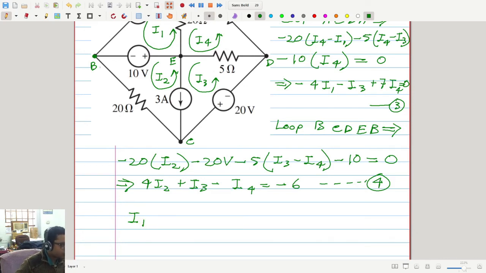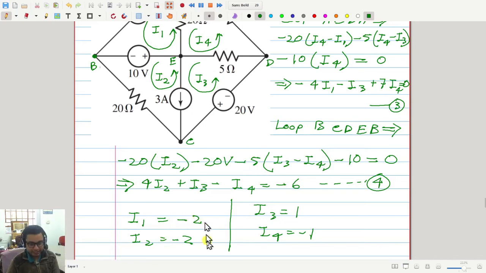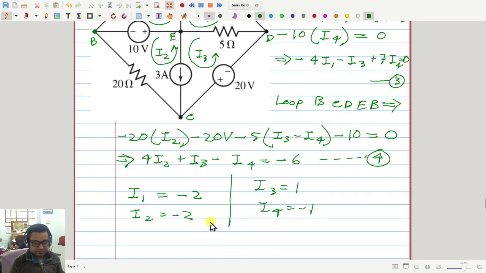I got, just a minute, I2 equals minus 2, I3 equals 1, I4 equals minus 1, and I1, how much is I1? Sir, minus 2 ampere. It is minus 2, of course. Yes, I also got the same answer.